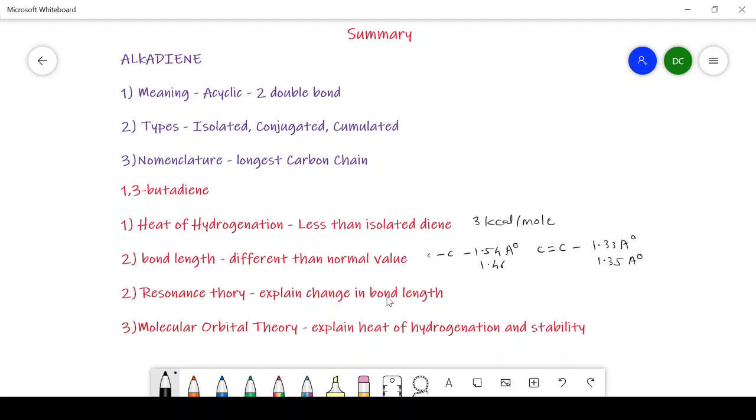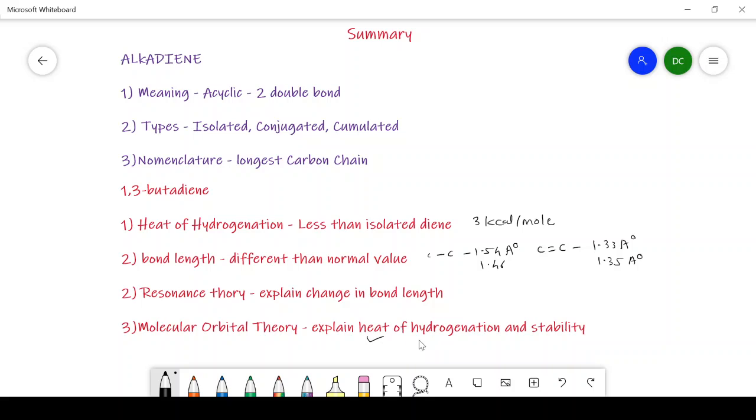The hybrid structure explains most of the properties of butadiene. In the last part, we went through molecular orbital theory, and in it we see sp2 hybridization of carbon present in 1,3-butadiene. The sp2 hybrid orbitals take part in the sigma bond formation, whereas unhybridized p orbitals, which are parallel to each other and perpendicular to the plane, form a pi cloud above and below the plane, and that's why electron delocalization occurs all over the carbons, and that decreases energy and heat of hydrogenation.